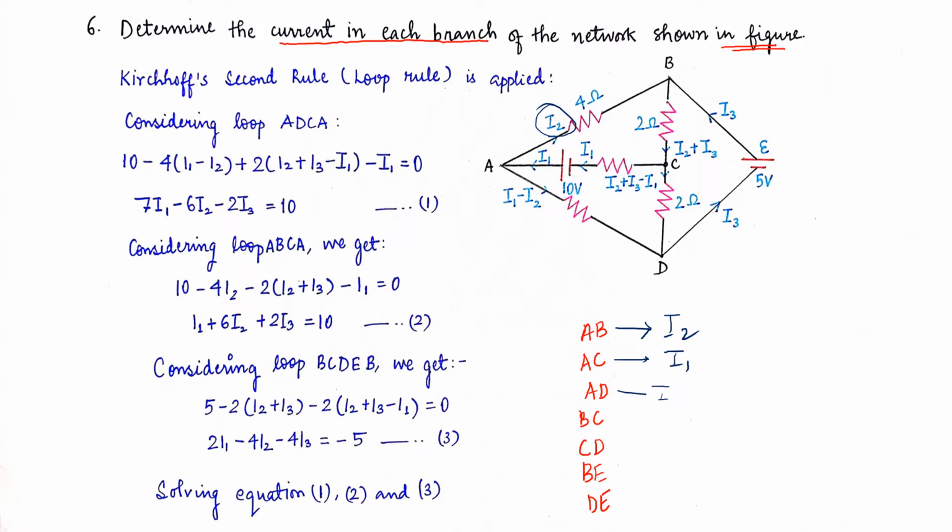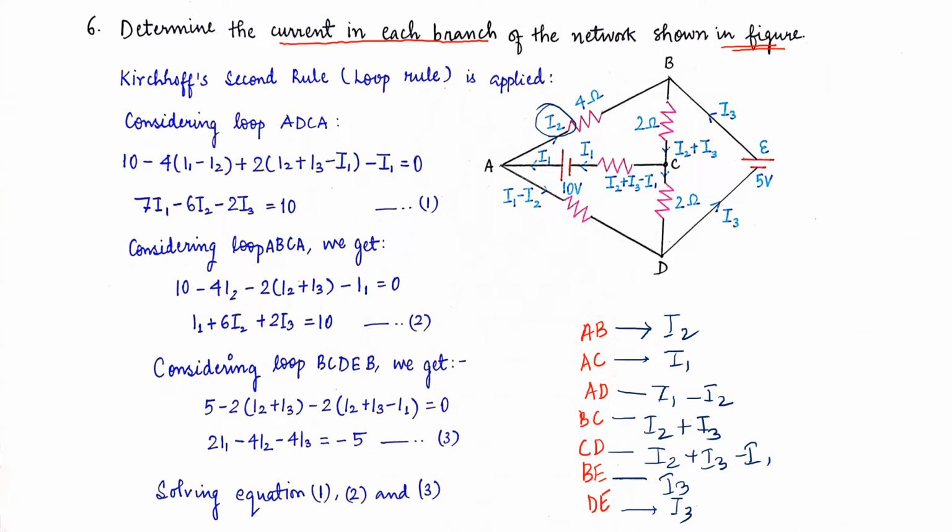Through AD, I1 minus I2. BC, it's I2 plus I3. CD, it is I2 plus I3 minus I1. BE, it is I3, and DE, again it is I3.